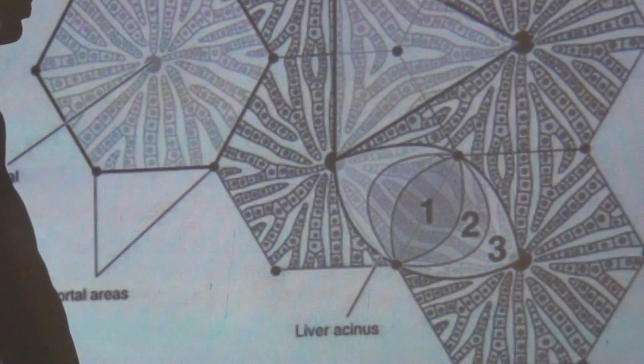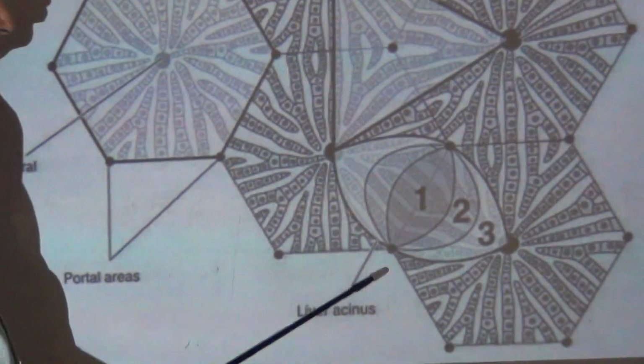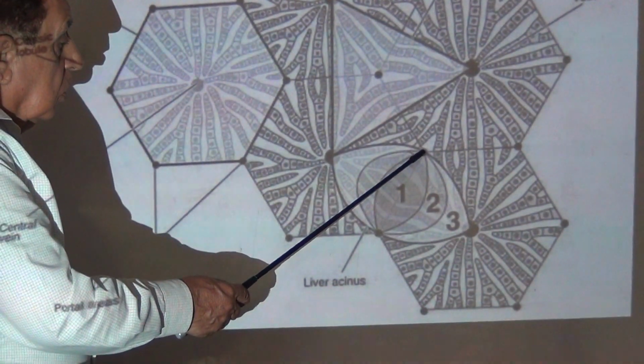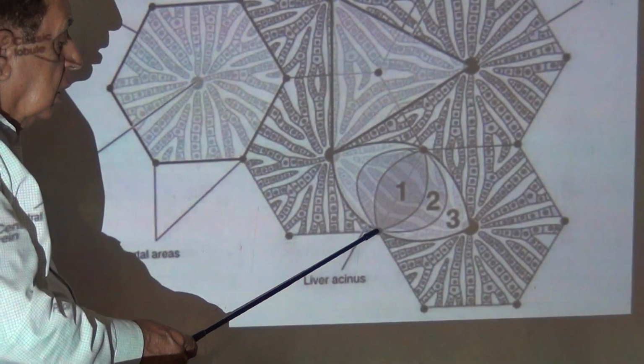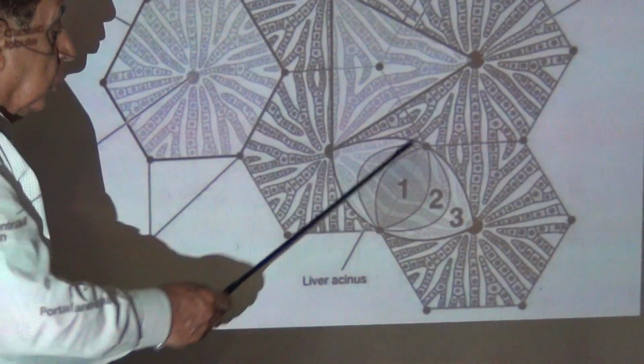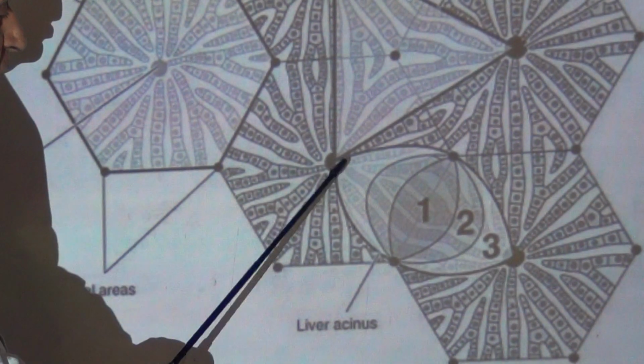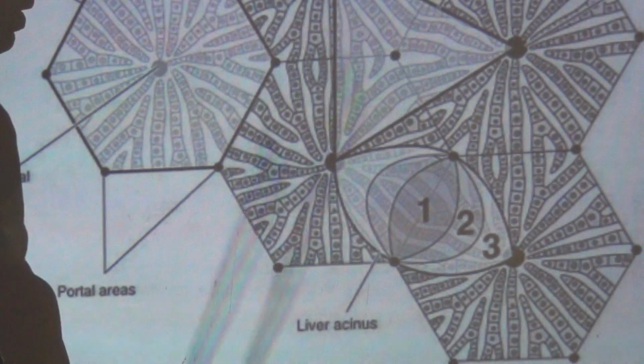Now it has two portal areas, one upper and one lower, and two central canals at each corner.